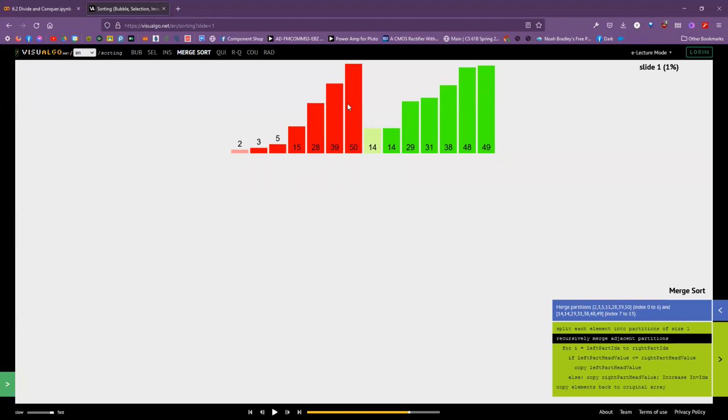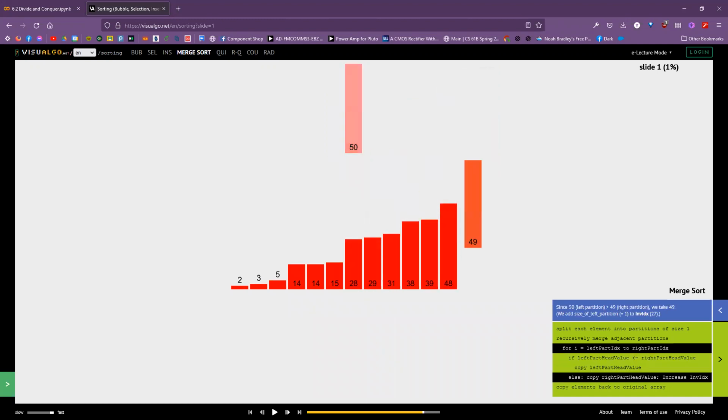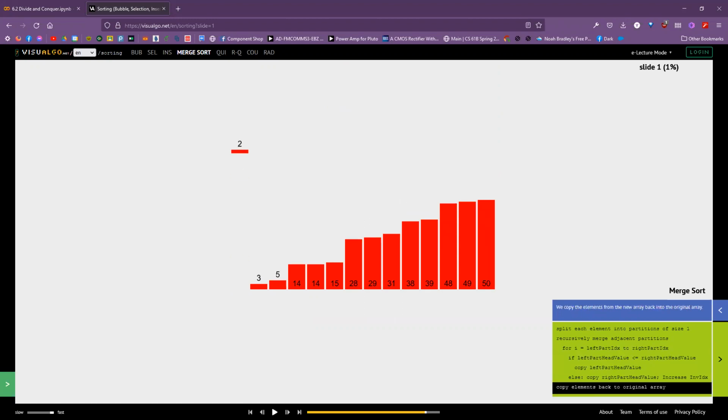So for example, nag-partition ka na ng dalawa, na-sort na sila. Pag kinombine mo, kailangan mo lang hanapin yung minimum element sa kanilang dalawa, and yun yung ilalagay mo sa eventual na final na list. So pag alam mo sorted naman na sila, mas madali siyang i-combine to form the eventual list.